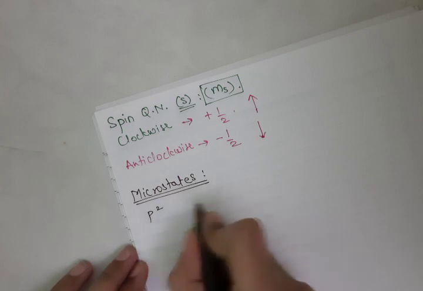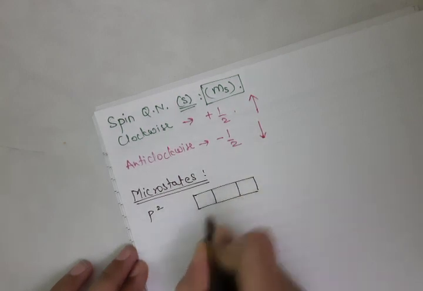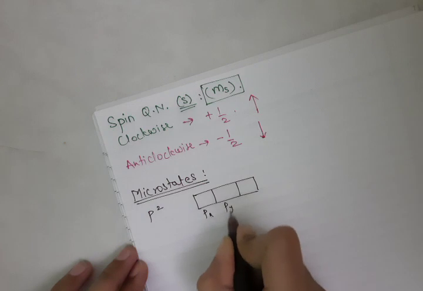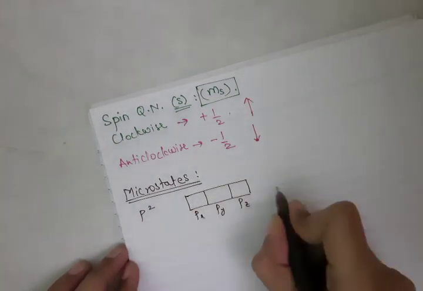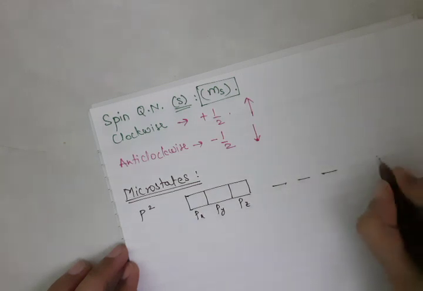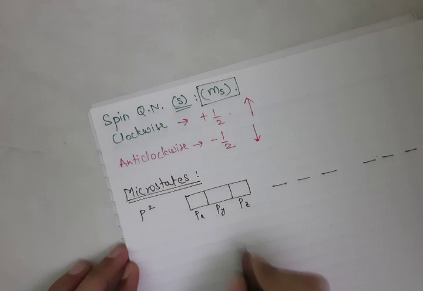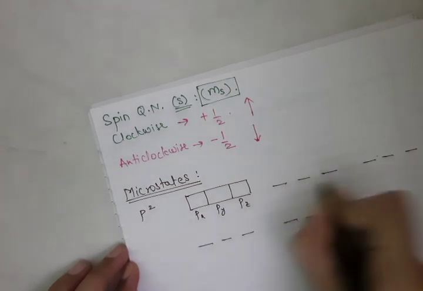We know that there are 3 p orbitals like this: px, py and pz. I'll write only like this and one more like this. This is px, py, pz.